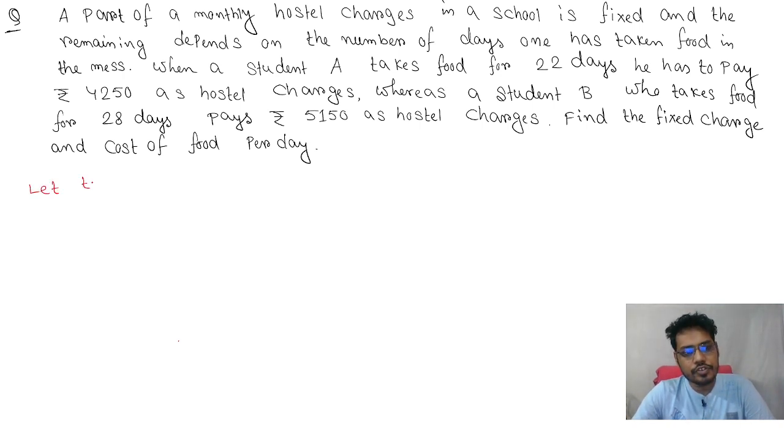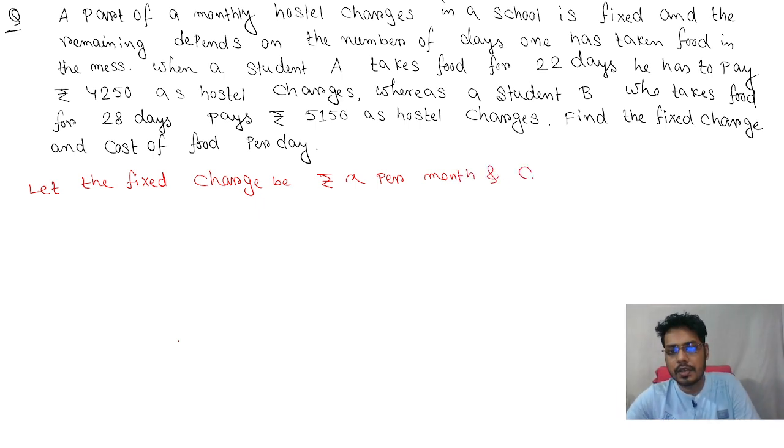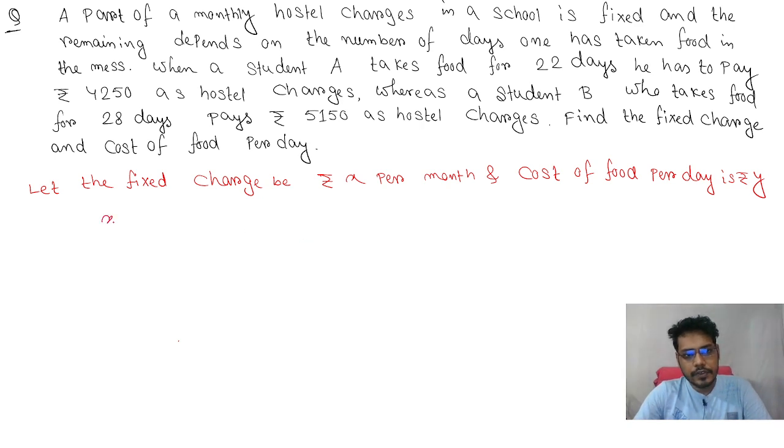Let the fixed charge be rupees X per month and the cost of meal or cost of food per day be rupees Y. So X is the fixed charge, and for 22 days, X plus 22Y will be equal to 4,250, and that is equation number 1.